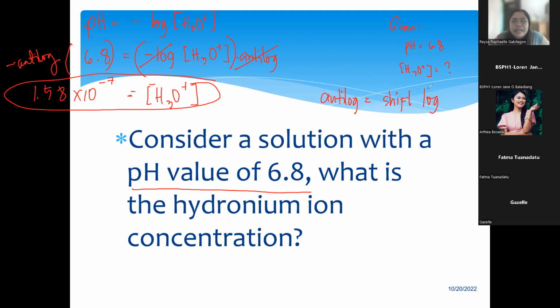Ulitin ko talaga baka may hindi nakakuha dyan. Pindutin nyo yung shift, and then yung log, and then may negative ito. So lagyan nyo ng negative before the number, before the 6.8. Okay, that's the process of getting the hydronium ion concentration. It's 1.58 times 10 raised to the power of -7.